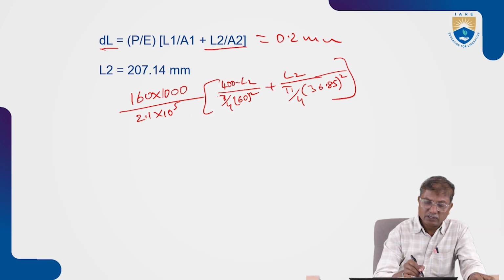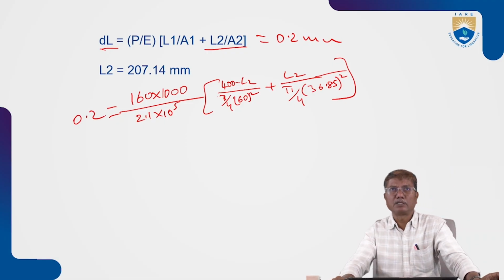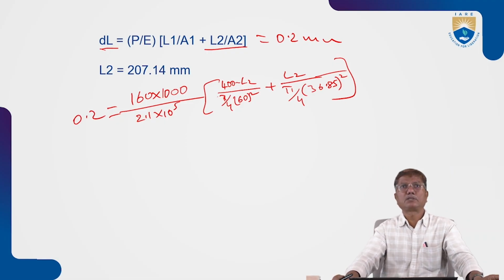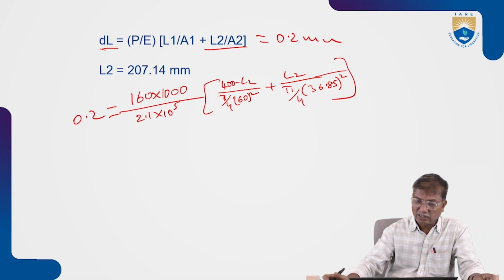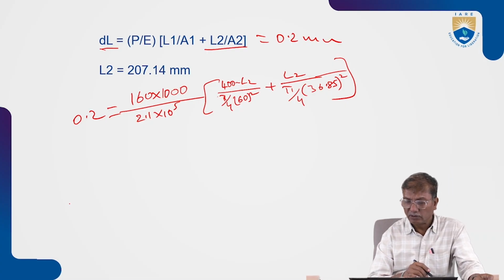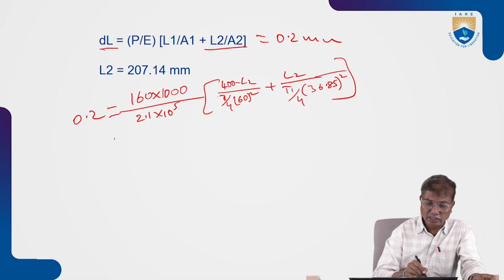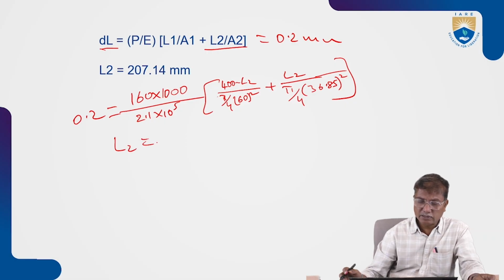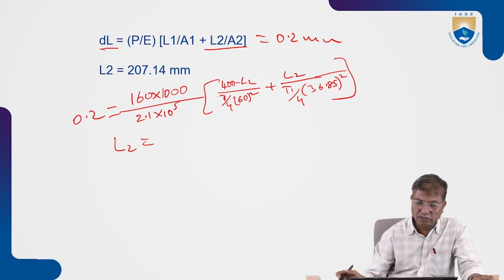So this is equal to the total elongation, which is limited to 0.2 millimeters. So solving this, we will get L2.